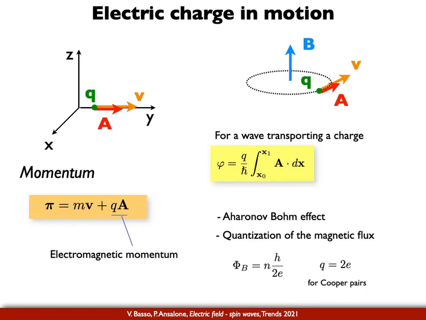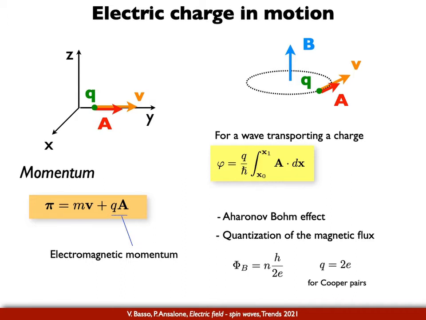Let's start from a well-known and simple example. If we have an electric charge in motion in some electromagnetic field, and we look at the motion of this charge from the point of view of the kinetics.